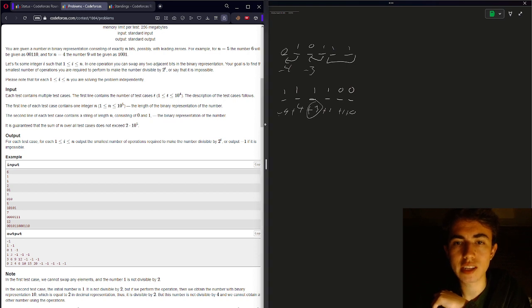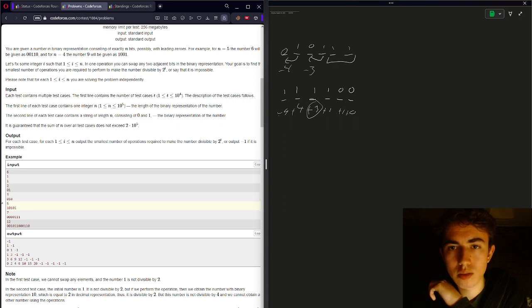We need to subtract this value, and we need to subtract, what do we need to subtract? No, we don't subtract that. We subtract 0, and here we subtract the 1. That's like getting rid of these. And then for all the 1s, we subtract their own value.